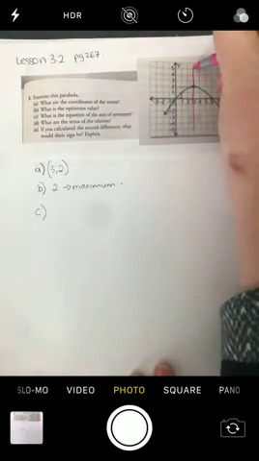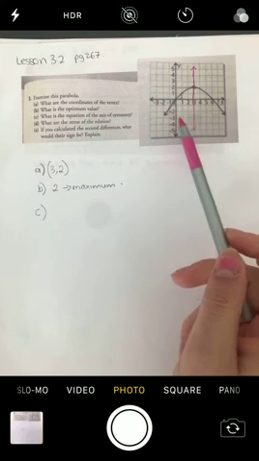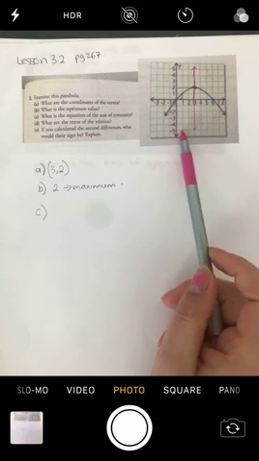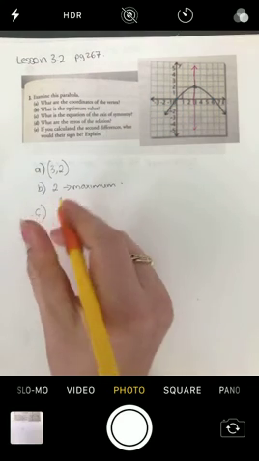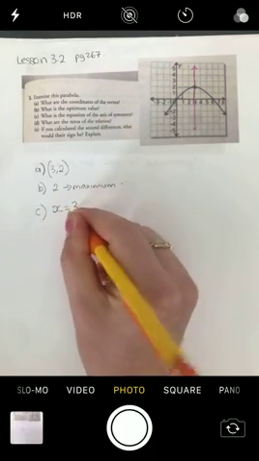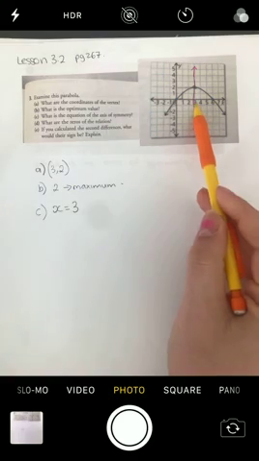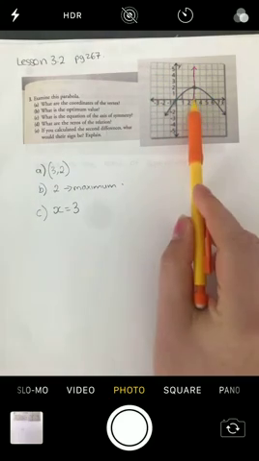It would be going straight up and down here. It only has an equation with an x value because it's a straight line, never crossing our y axis. So our equation is always the x value of our vertex, and we would write that as x equals 3.